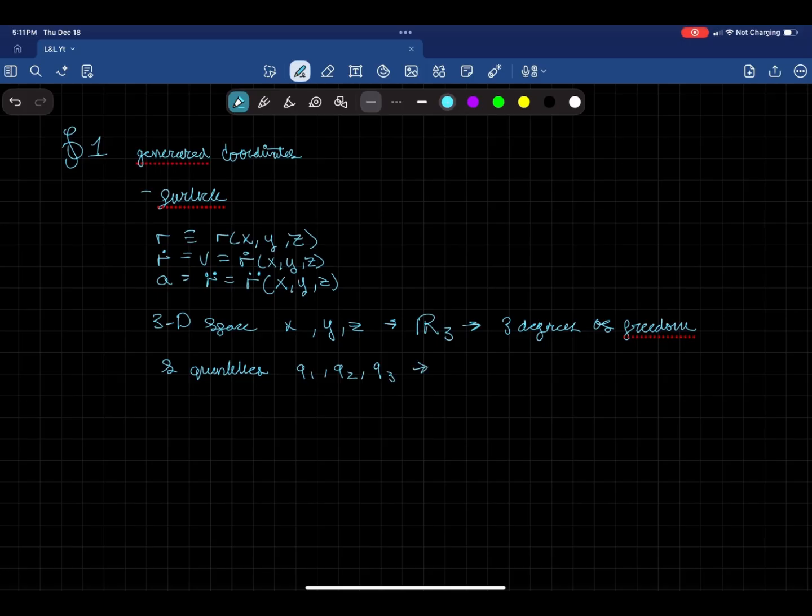So these would be our generalized coordinates. And if we define the velocities in the same way, q dot 1, q dot 2, q dot 3, this would be our generalized velocities.